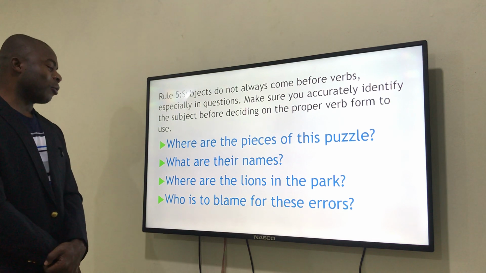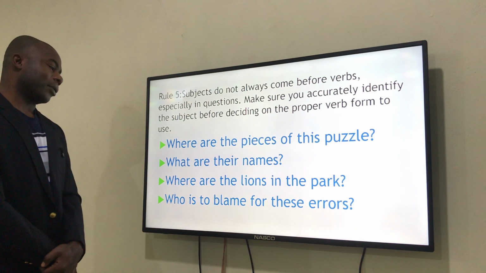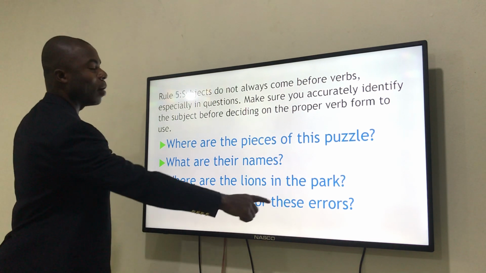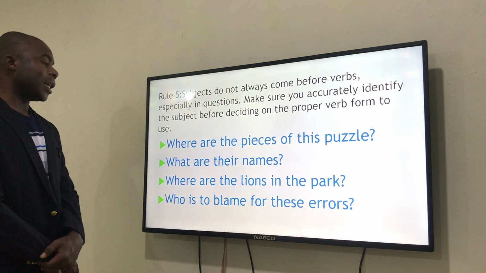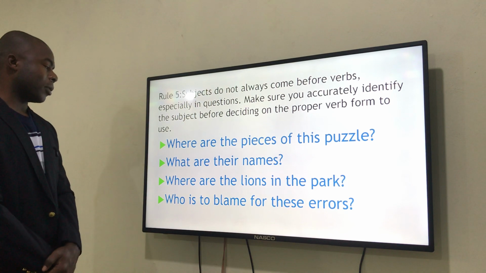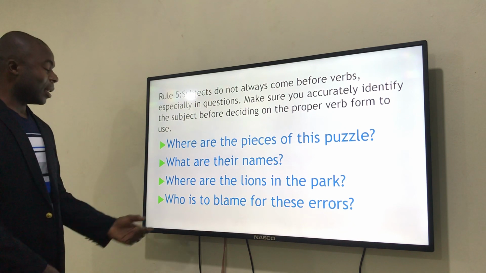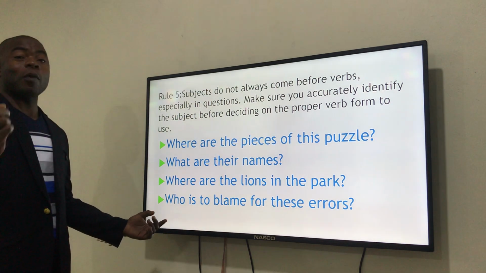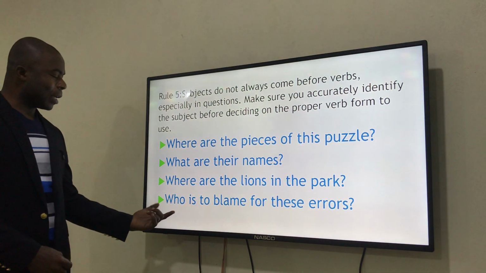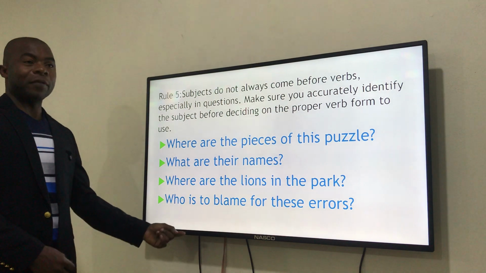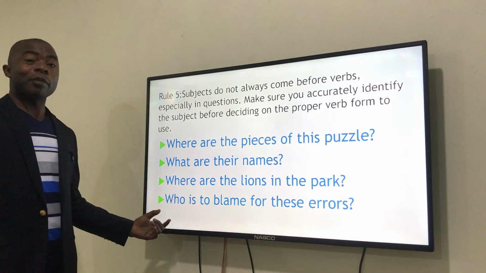So, who is to blame for these errors? The subject is not anywhere here. Sometimes, if you say who are to blame for these errors, you just assume that the who refers to not just one person, but many. So we can deduce that who is to blame definitely refers to a single person.